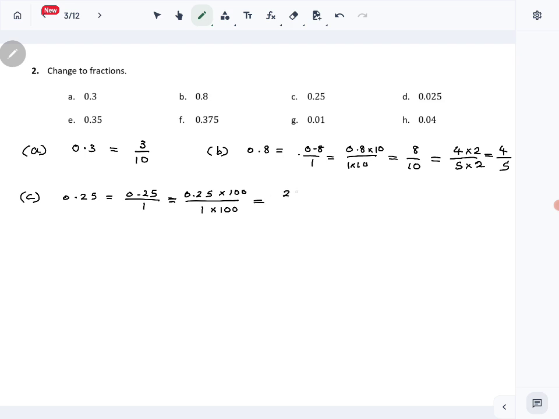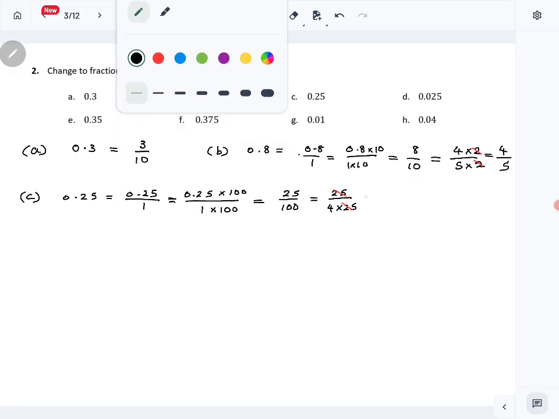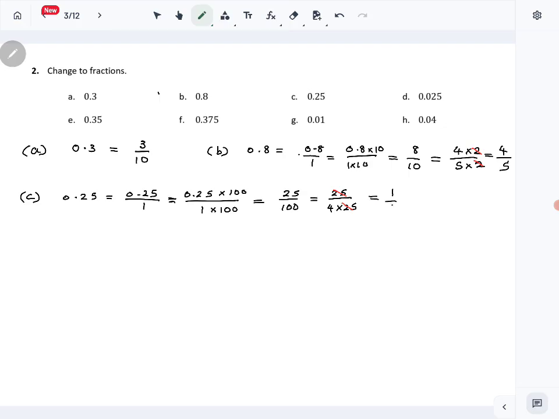So then 25 over 100. How many 25 is in 100? 4, no? So 4 times 25. So you can cut the common part and you get what? 1 over 4 as the answer, right?